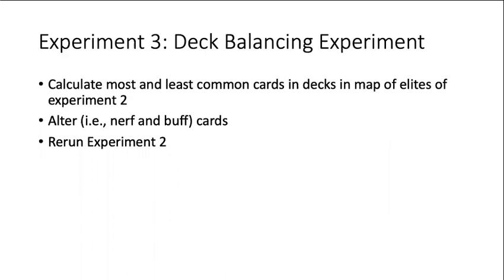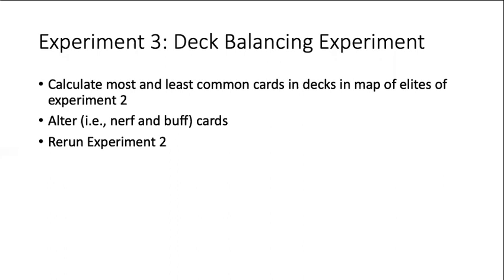And so what we do is calculate the most and least common cards in the decks of map elites, see if we can nerf and buff them, and then rerun the experiment to see how well they perform and who uses them. So if I've nerfed a powerful card, you might expect it not to be used as much, just naively, because it's not as powerful as it used to be, and it still costs the same, or maybe even costs more.